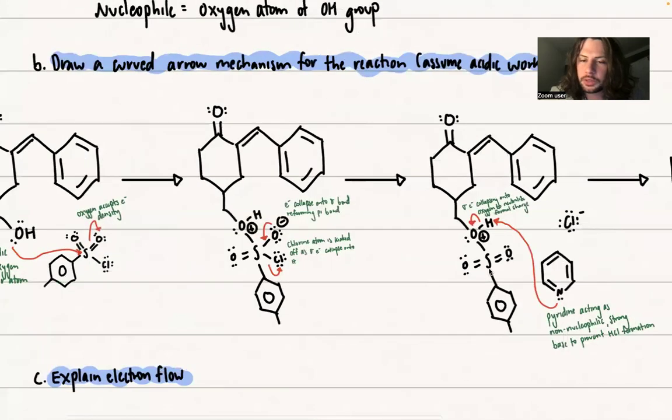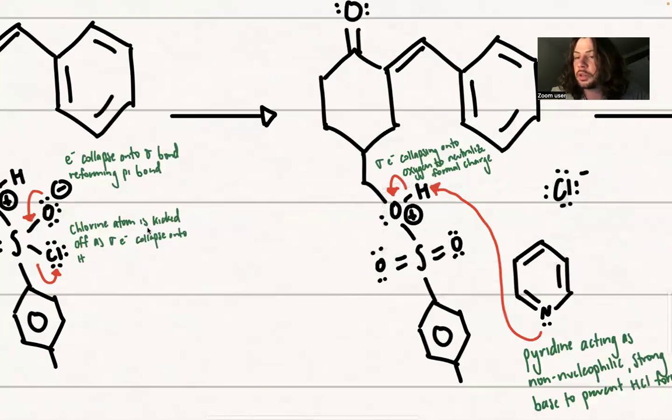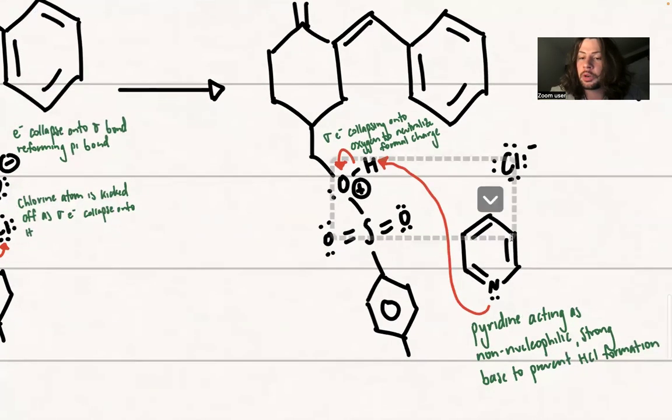That's going to result in this molecule right here, in which we have that positive formal charge still on the initial or original oxygen of that alcohol functional group. And to get rid of this positive formal charge, we're going to have our pyridine, non-nucleophilic strong base, abstract the hydrogen, which collapses those sigma electrons between the oxygen and hydrogen onto the oxygen itself, which is going to get rid of the positive formal charge, thus neutralizing, quote unquote, that charge, making it overall zero.